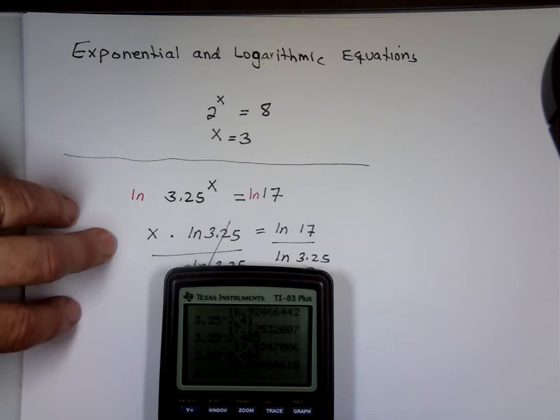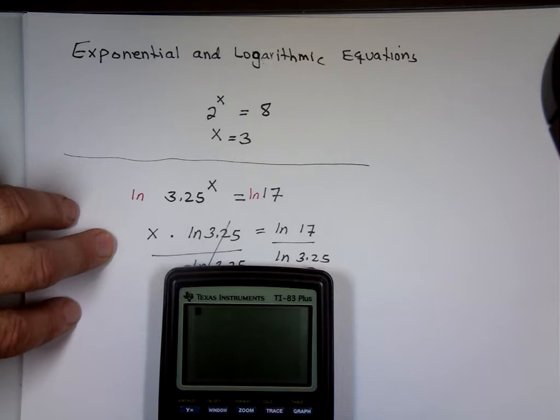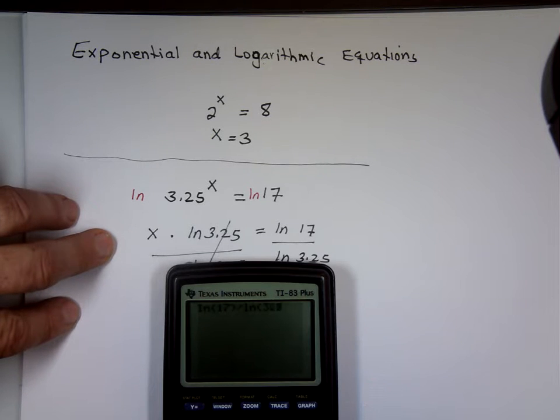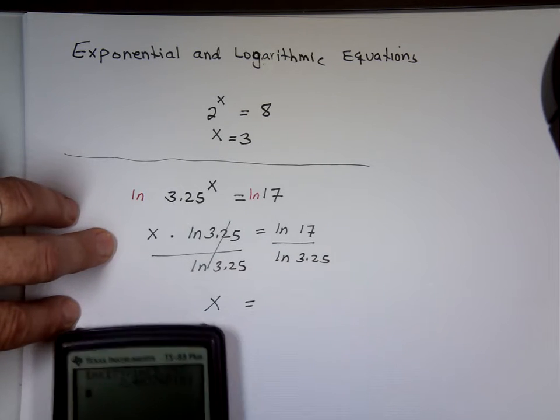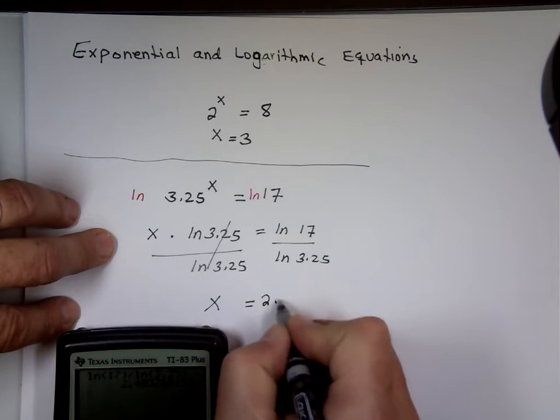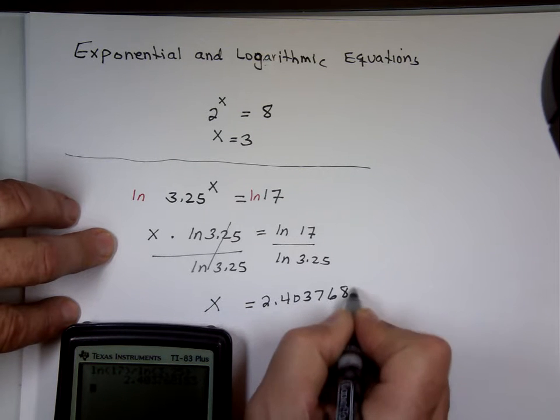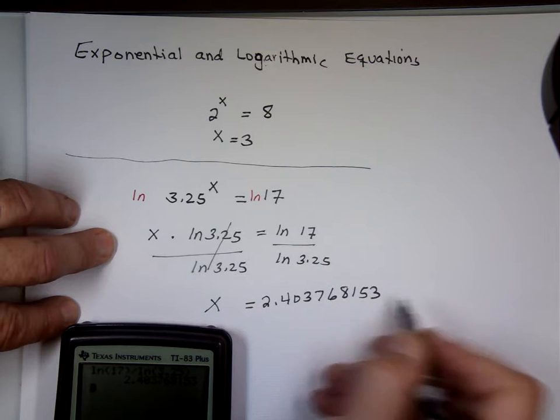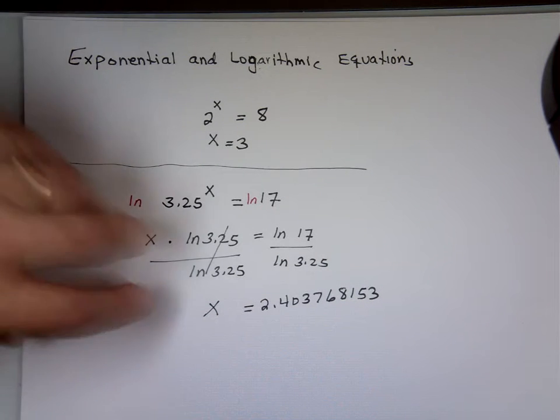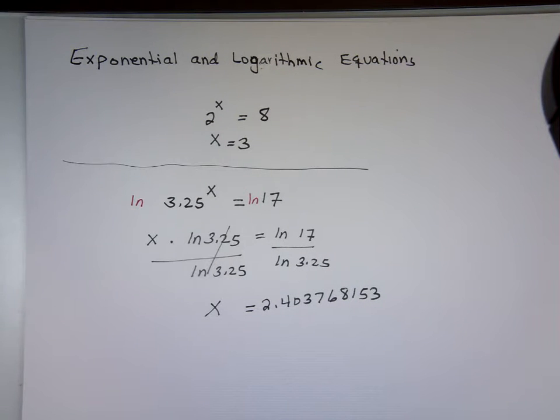Here we go. ln of 17, close that parentheses, divided by ln 3.25. And it's 2.4037685153. Close. I was 2.404. I came close by guessing.